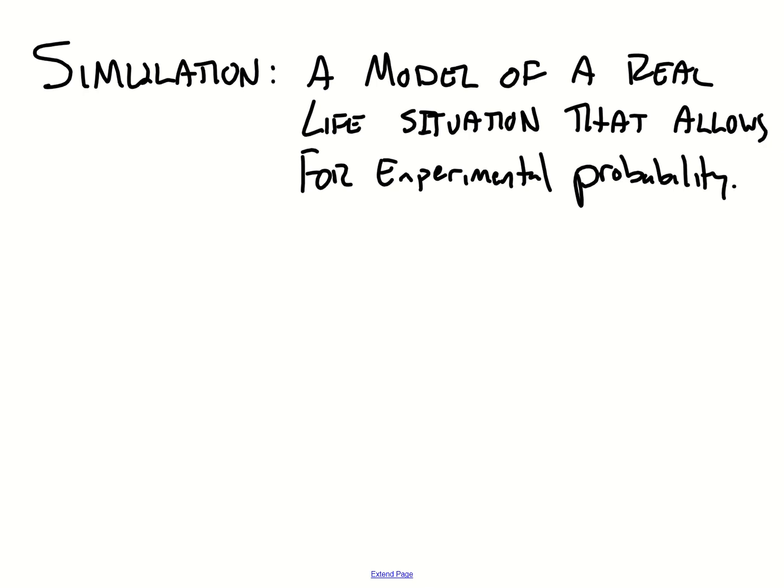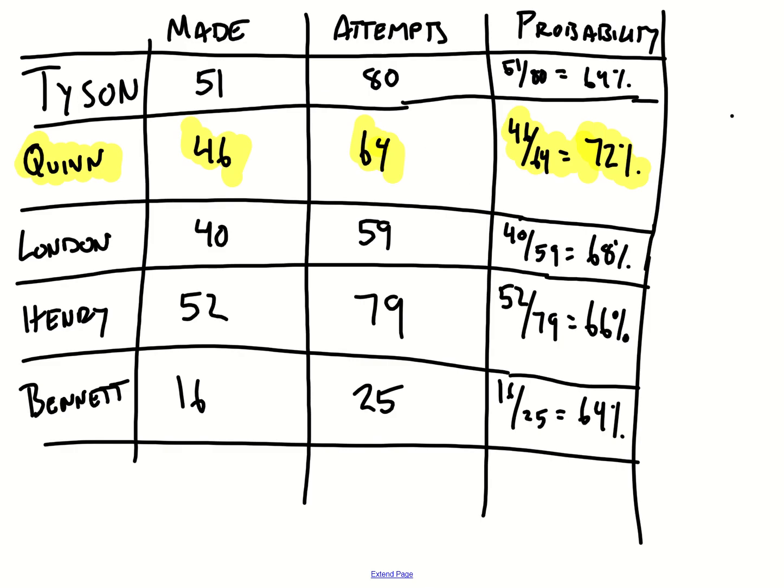So let's say that I knew that, let's go back to Quinn. Let's say I know that Quinn, looking at our basketball scores, okay, here's our basketball scores. Quinn makes 72%.